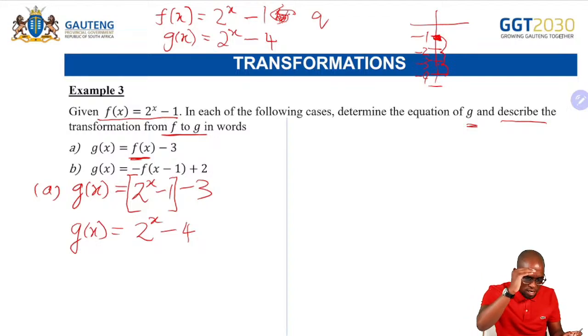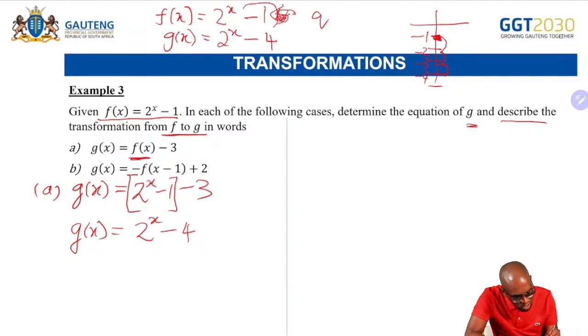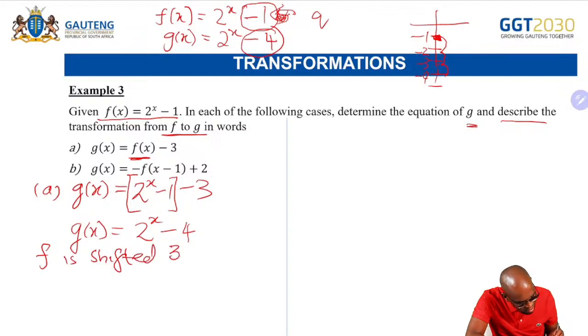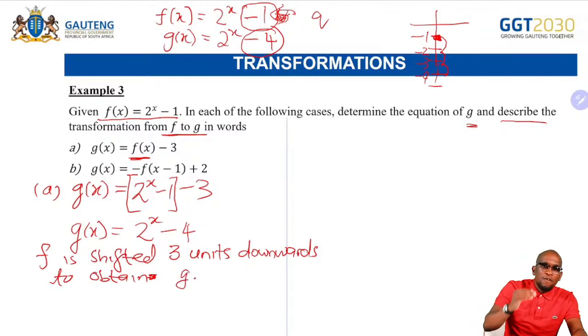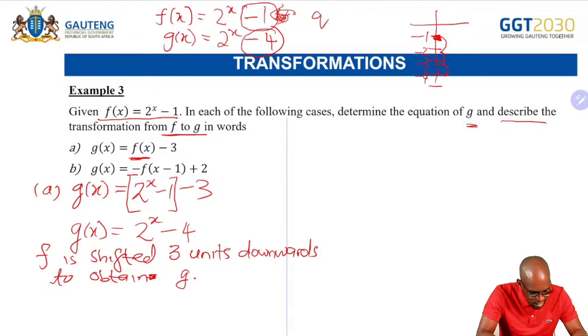You moved 3 units downwards because this value changed from negative 1 to negative 4. So you're going to say f is shifted 3 units downwards to obtain g. That's basically what happened there.